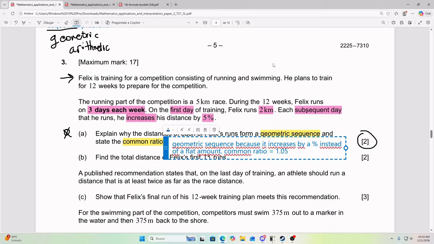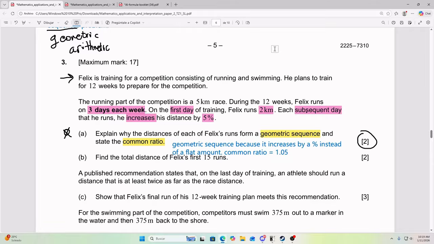Now, how did I reach that it is 1.05? I reached that because here it says that it increases by 5%. The step in between that I need you to do is to write R equals parentheses 1, plus whatever they give you.